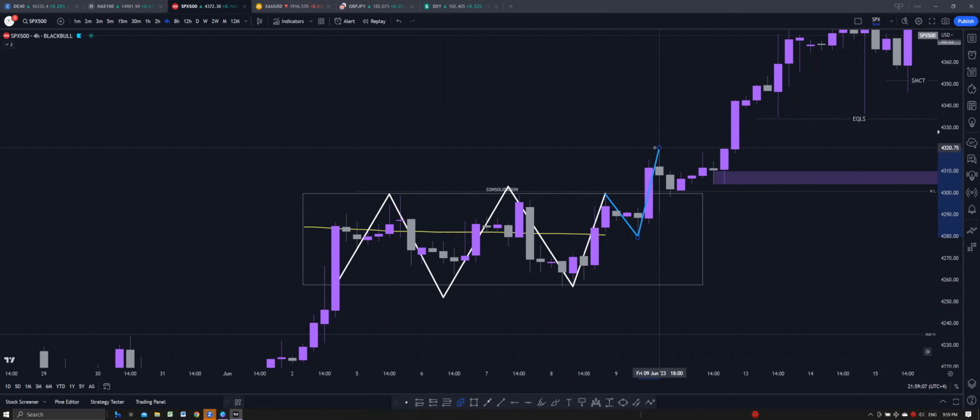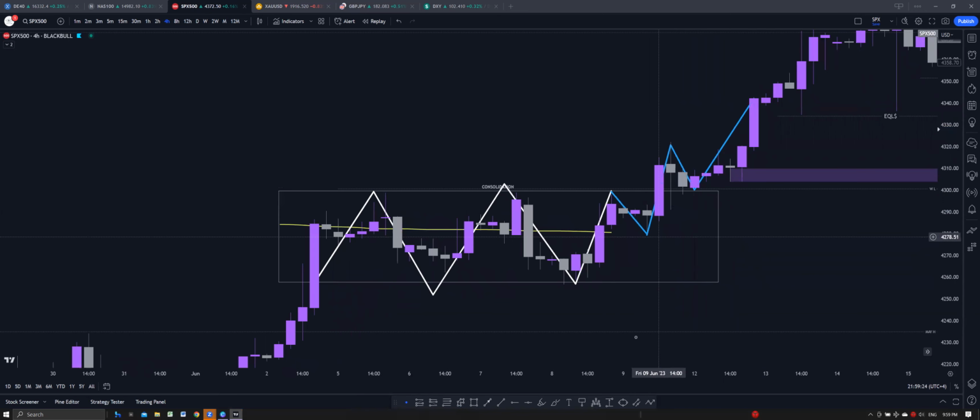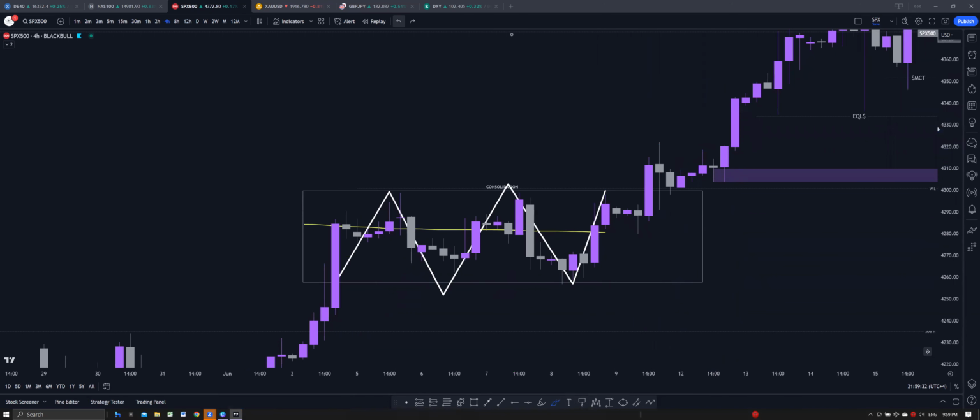That's leg number one. Then we have a leg number two, which retraces back into consolidation next to that last low, which was a high, which was broken. Sorry, the last high. So leg number one, leg number two, then we have a leg number three, right? This confirms a nice bullish trend. Leg number one, leg number two, leg number three. So that's how you recognize a bullish trend.